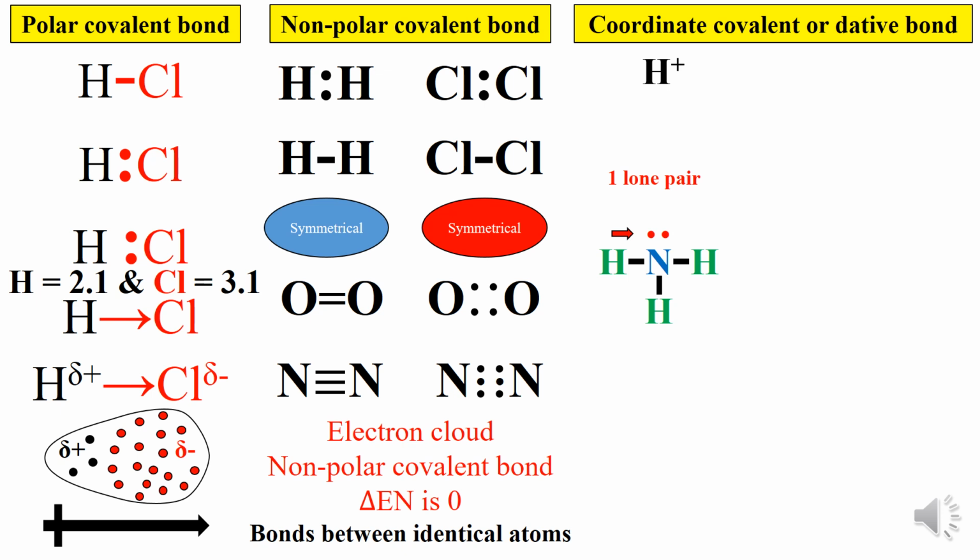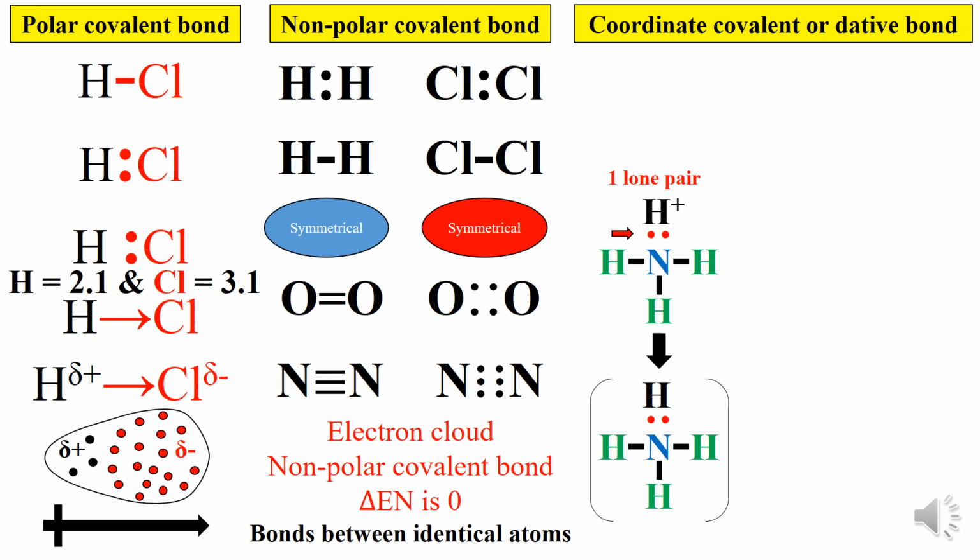So you don't find any electron in case of hydrogen ion. So protonation of ammonia molecule results in formation of ammonium ion, and there is development of a formal charge within the molecule.